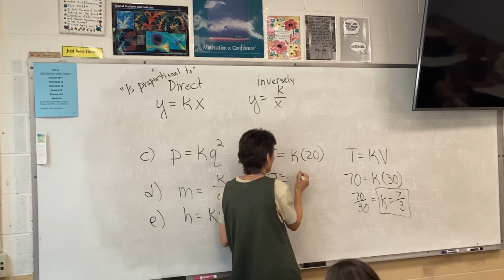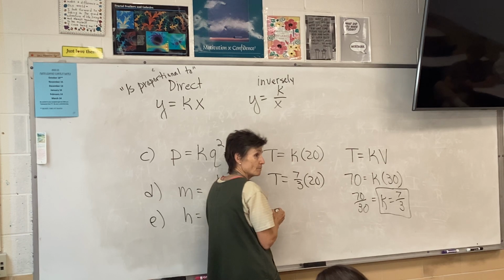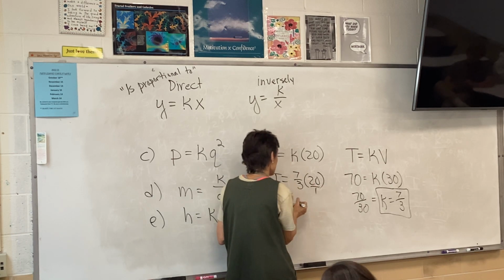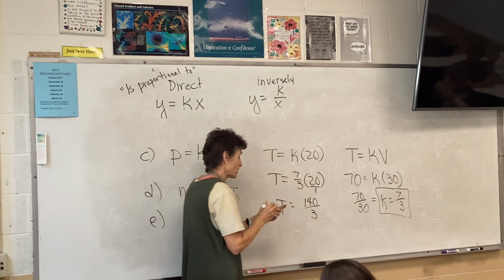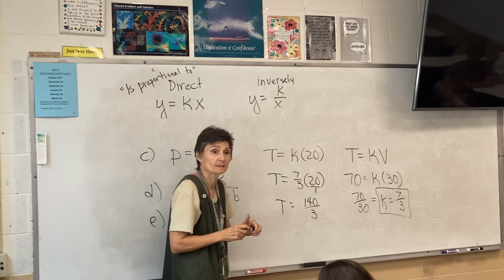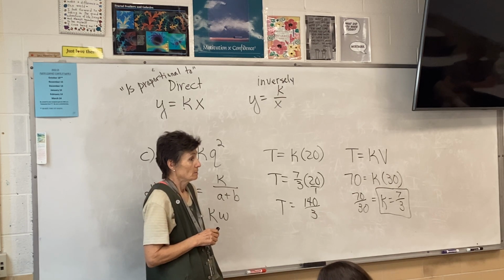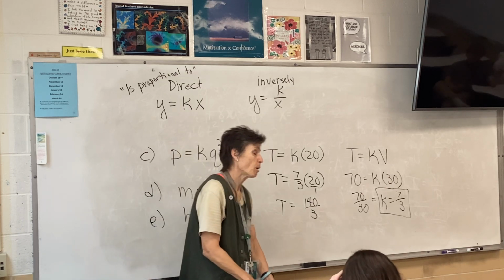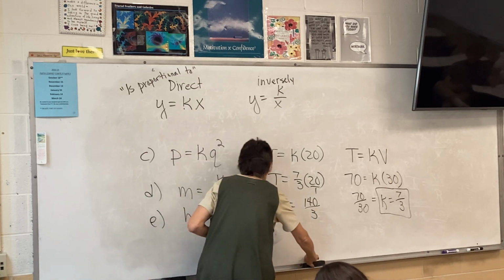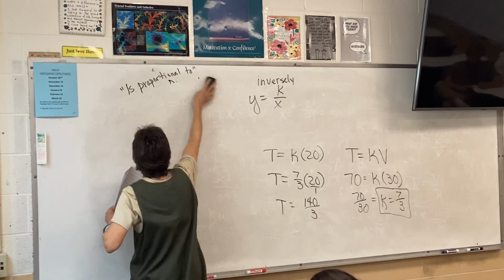So T equals 7/3 times 20, which is 140 over 3. I'm just going to leave that as a fraction, but if you're typing it in on your calculator, you'll get some decimal. Now, at first glance, these problems seem hard, but they're very easy if you take them one sentence at a time.